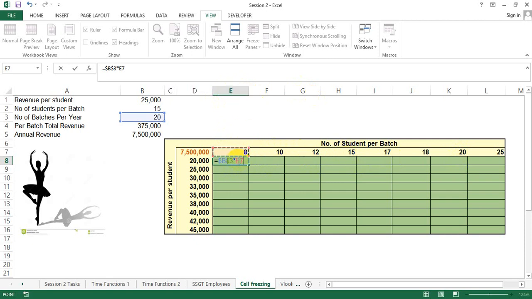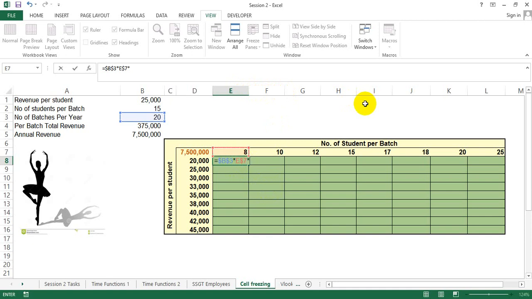So in between E and 7, we want E to change to F to G and so on and so forth, but the 7 to remain frozen. So I would keep pressing F4 till I get 7 to be frozen and E to be free.